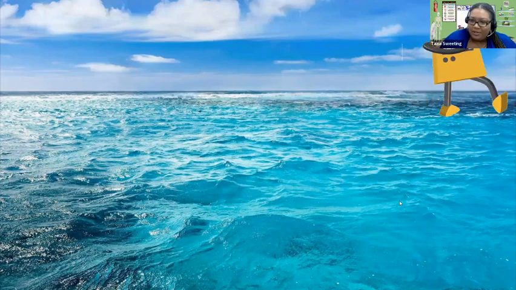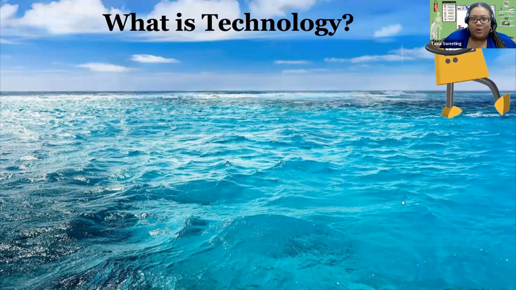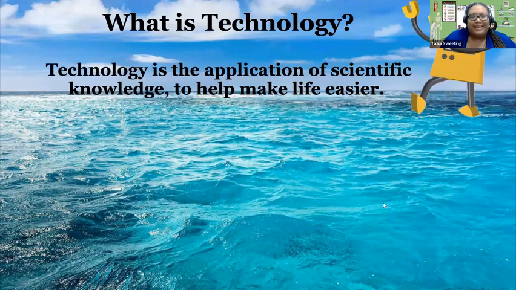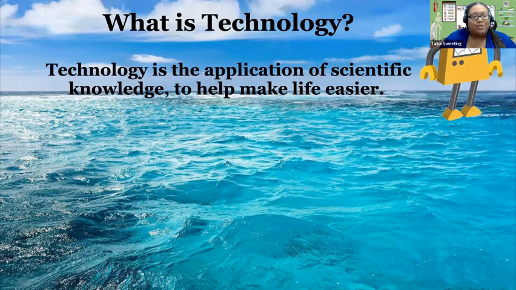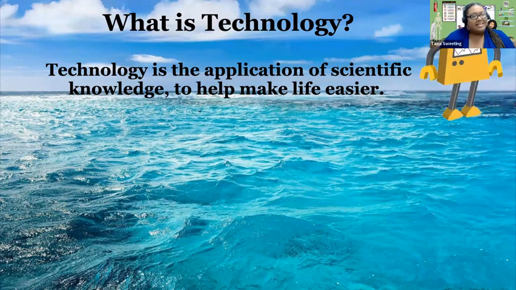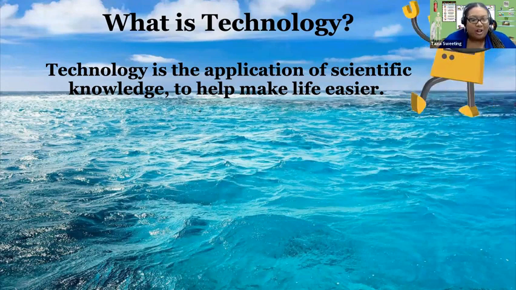Now, when it comes to technology, what is technology? Once you have already obtained your knowledge through the scientific process, technology is now the application. You're going to apply what you know, what you've learned. So technology is the application of scientific knowledge to help make life easier.